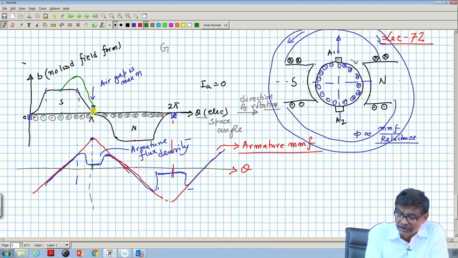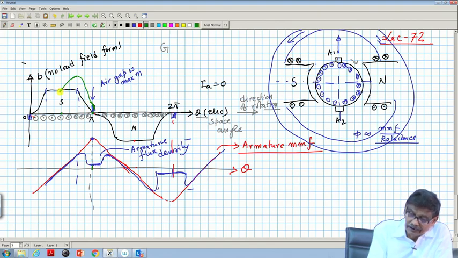It will not cross 0 here, it will have some positive value. On this side similarly it will be less, this be minus this like that, and once again it will be like this. Therefore, there will be some field existing here.